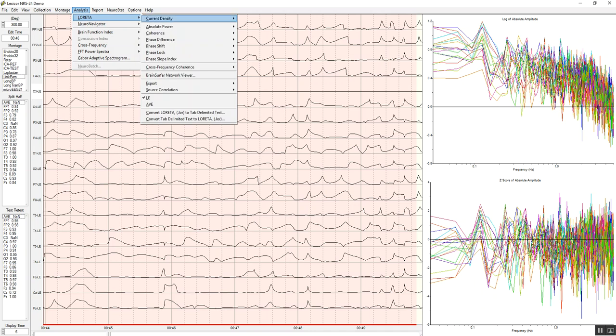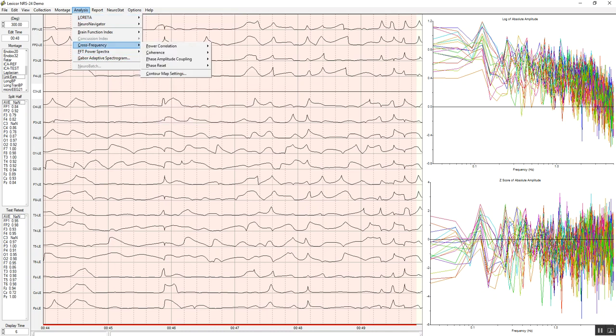Now, the cross frequency for LORETA is obtained by here going to cross frequency coherence, and you can get Z-scores, and we're going to be expanding that. But this is the cross frequency for LORETA at this point. All we have is coherence, but in the future we'll have the phase-amplitude coupling and cross frequency phase slope index, or effective connectivity.